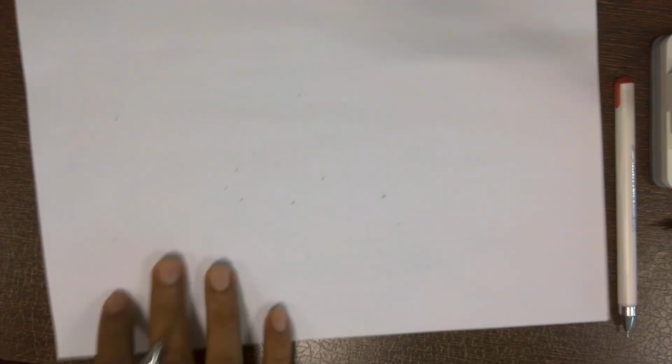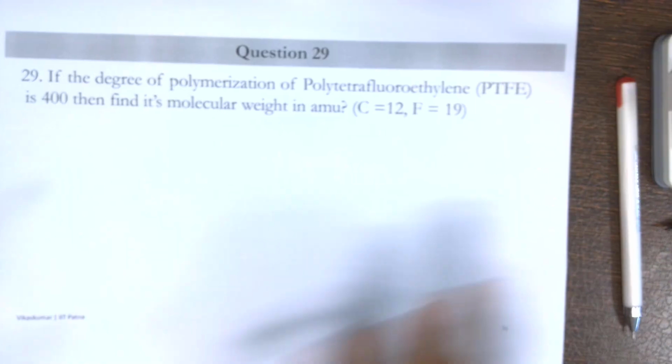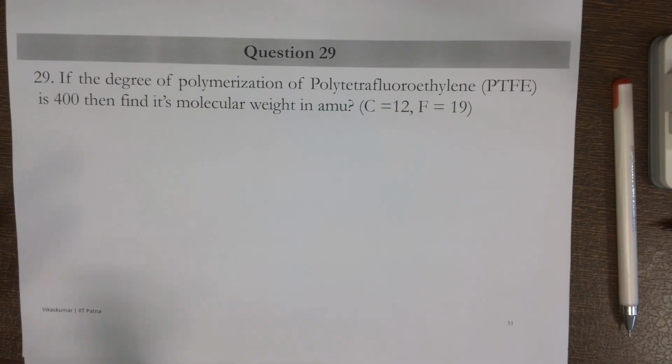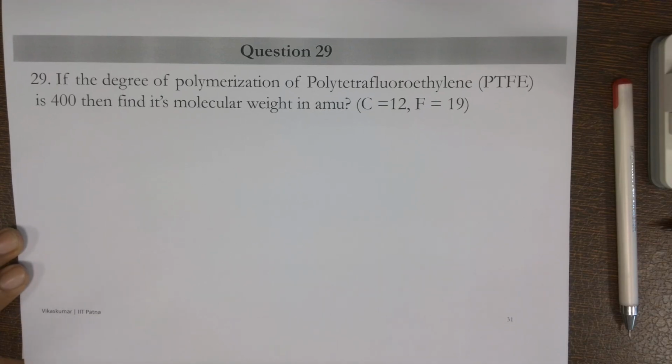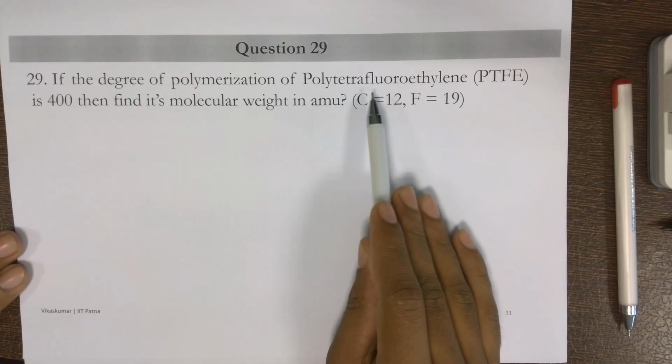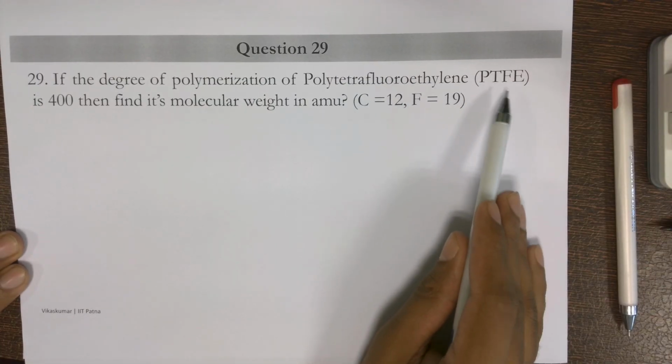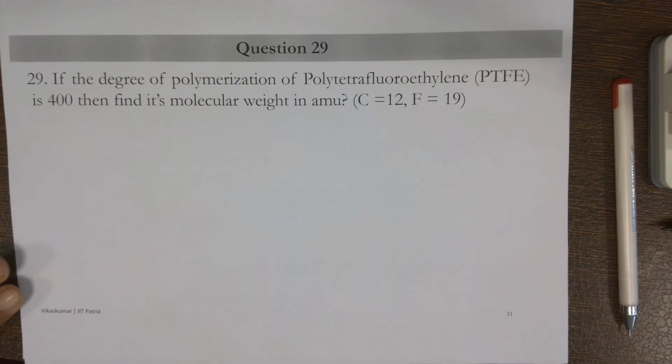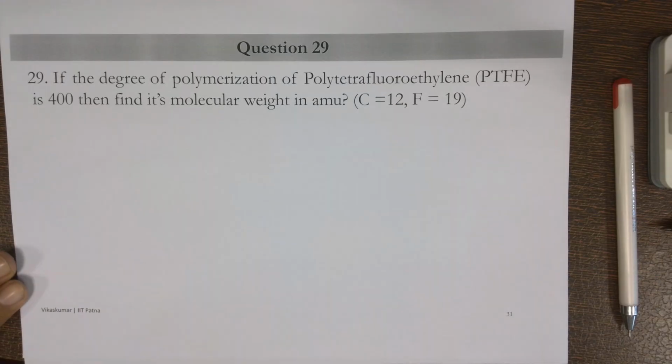Let's go to the last question of this particular week, question number 29. If you have a similar question in the assignment, how to solve them? If the degree of polymerization of polytetrafluoroethylene is 400, find the molecular weight in AMU.